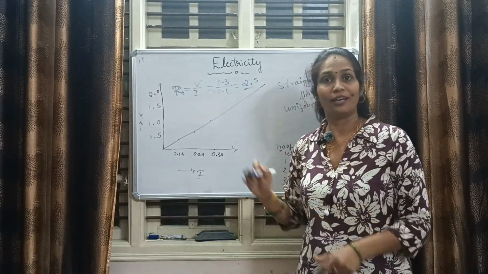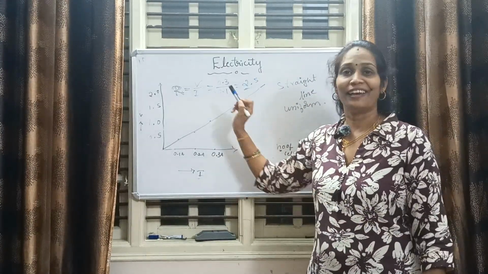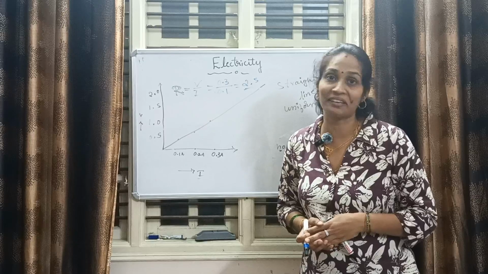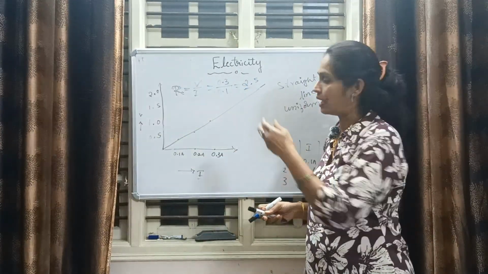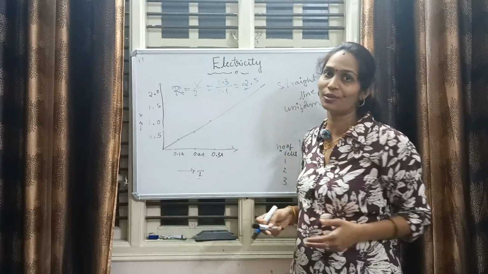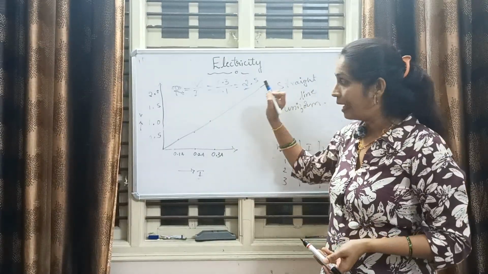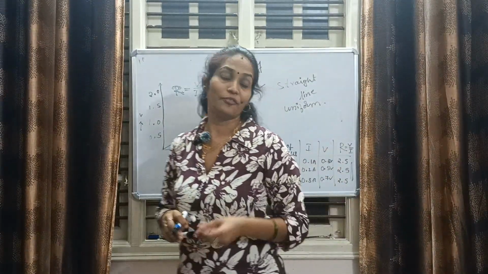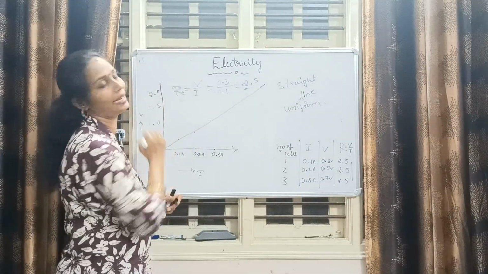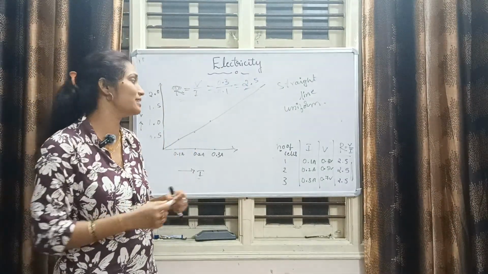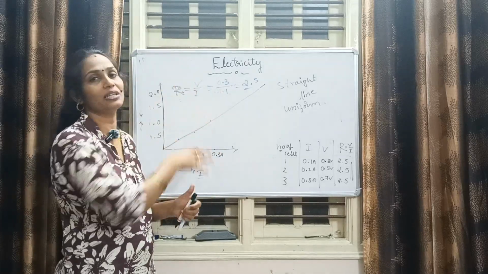That definitely means V and I are directly proportional. As V increases, I also increases. As I increases, V also increases. And from this information, we can easily calculate the resistance of a given circuit.